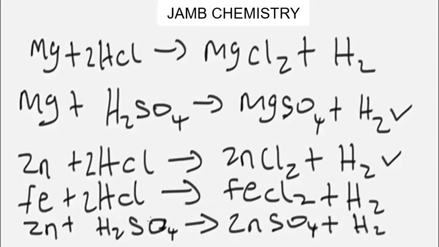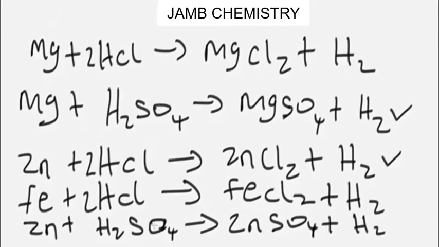So the chemical equation, let's check if it is balanced. Zinc is 1, zinc is 1, hydrogen 2, hydrogen 2, sulfur 1, sulfur 1, oxygen 4, oxygen 4, so it's balanced.